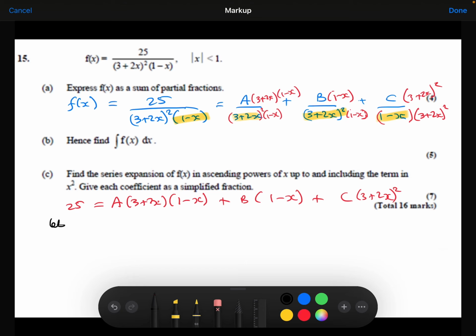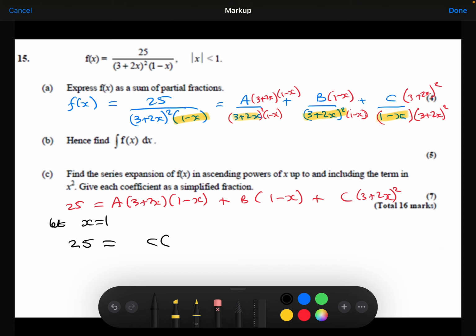So I'm going to start off by letting x equal 1, because that's going to make these two terms become 0. And that will allow me to work out the c term easily. So if x is 1, well, the left-hand side is just always 25. The right-hand side, then I'll get c times the 3 plus 2 times 1.